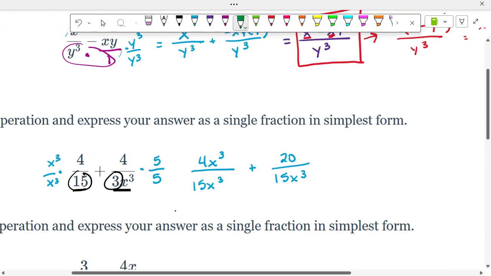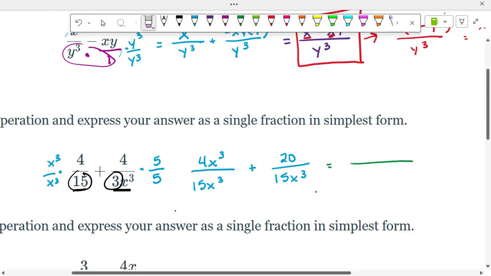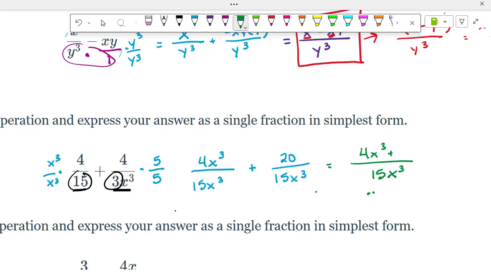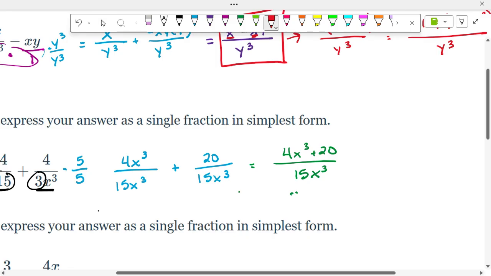So if I combine them, this would be 15x cubed on the bottom, and then 4x cubed plus 20. Now let's ask ourselves, is there something I can factor out of 4x cubed plus 20? I could factor a 4.